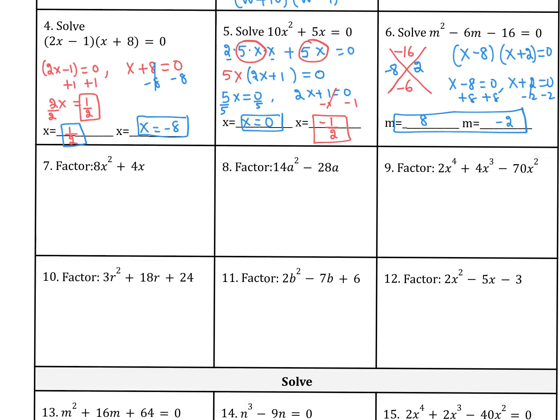For number 7, you're going to factor just like prime factor. So this is going to be 2 times 2 times 2 times x times x. And this one you can break as 2 times 2 times x. Now what is common here is 2 times 2 times x, common between these two terms.